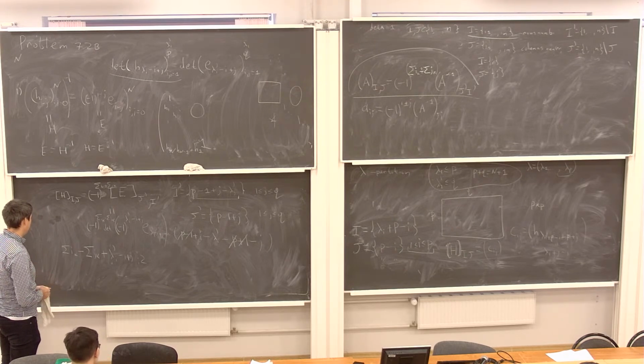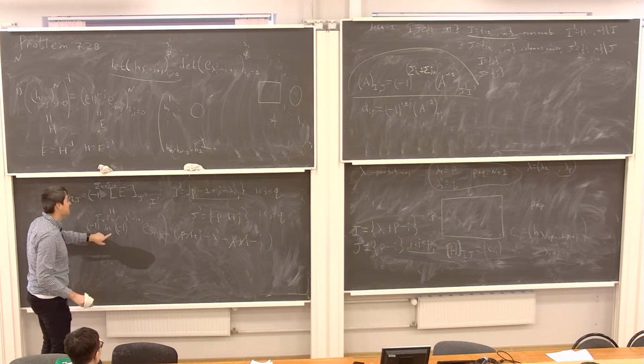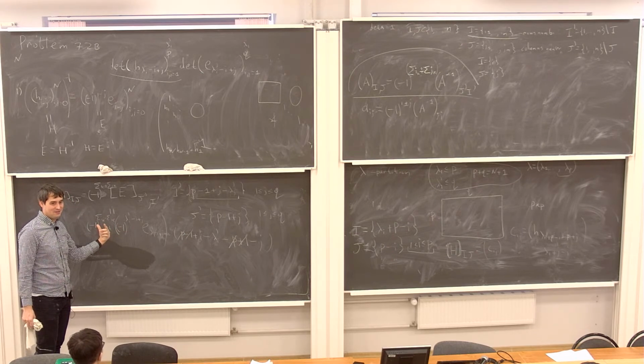This is the claim. This is my mistake. No, this is the determinant. You should put all these guys from the determinant, right?